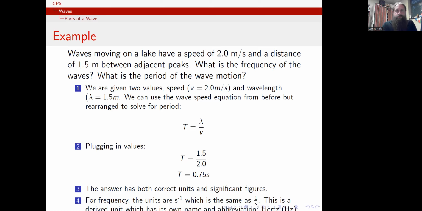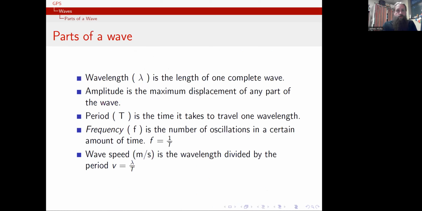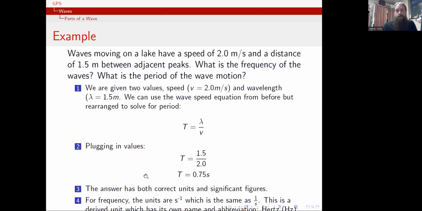Well, the wave speed equation here, v is lambda over period. I could rearrange that, so I do some algebra. The period is wavelength divided by wave speed. And that's useful because I know wave speed, that's the 2.0 meters per second.